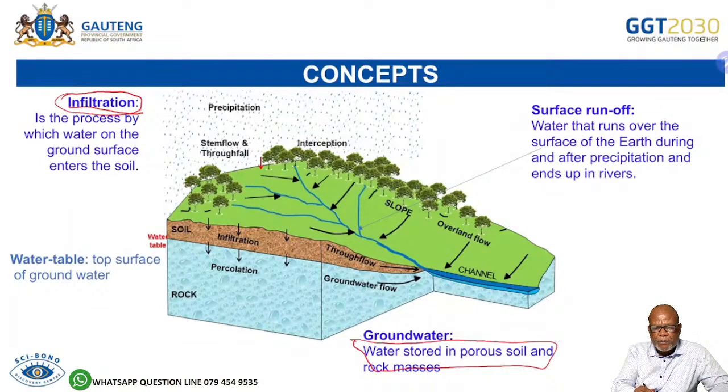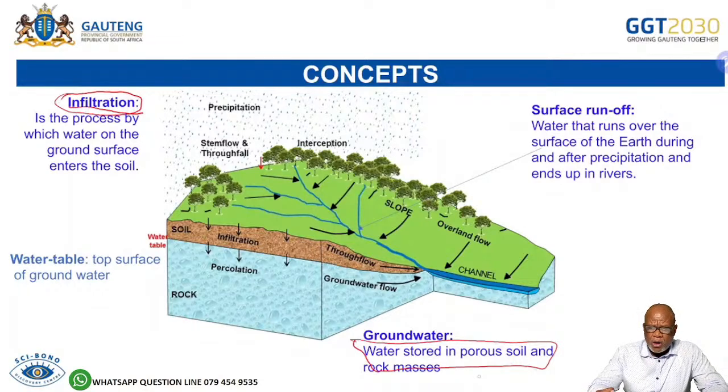First we have the process of infiltration, which is absorption of water by the surface. Now, when that water is underneath the surface, what do we call it? We call it groundwater. So groundwater is the water beneath the earth surface.